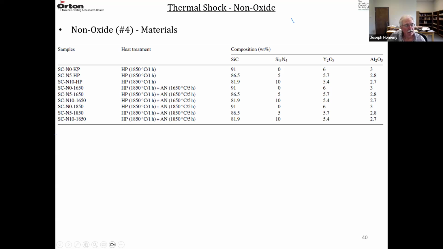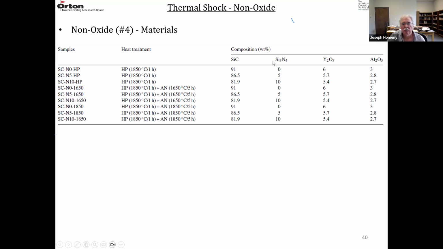And then they took some of the same three samples, 0, 5, and 10 weight percent silicon nitride, and they did a post-heat treatment, 1650 degrees C for 5 hours to see if that would change the microstructure and grow the elongated crystals. And they also did the same thing with some of the samples, N0, N5, N10.